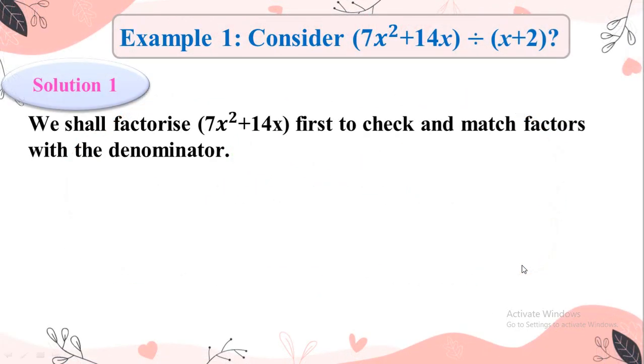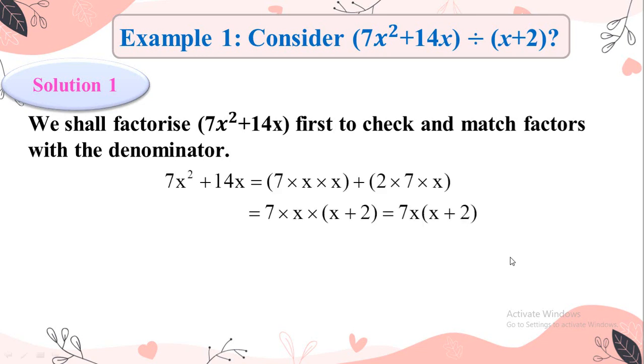We have two ways to do the expression, and I do the first solution. Solution 1. We see this example 1. We factorize 7x^2 plus 14x first, to check whether it has a common factor with the denominator.